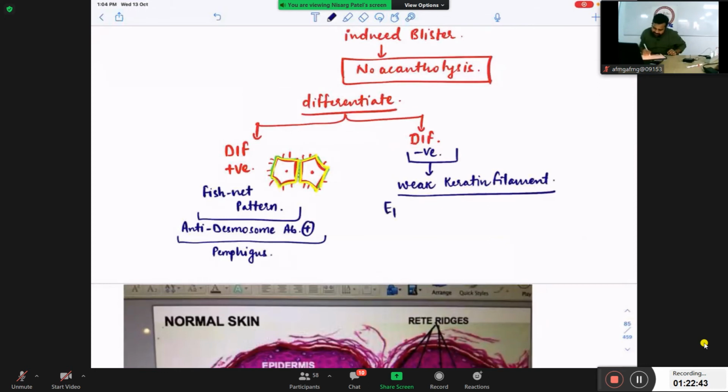And this disease is epidermolysis bullosa simplex, EBS. So for epidermolysis bullosa simplex, you should remember that if I do the direct immunofluorescence test, it will be negative. Why? Because there is no antibody involved. The keratinocytes themselves are weak.